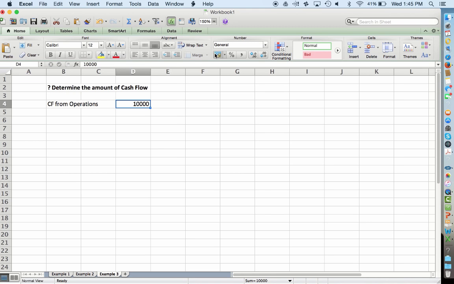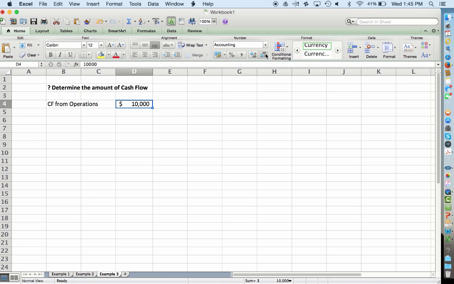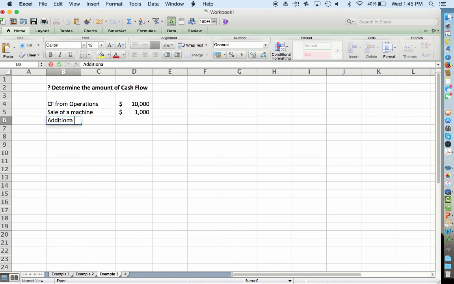We have a sale of a machine, which generates $1,000. And then we have additional working capital that we need. So, back to our lemonade stand.